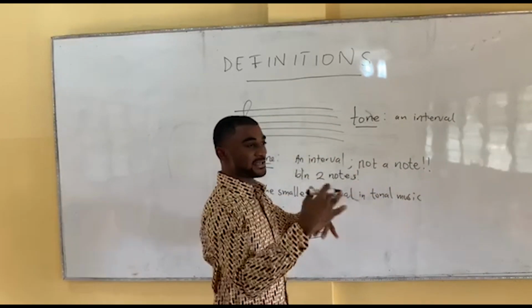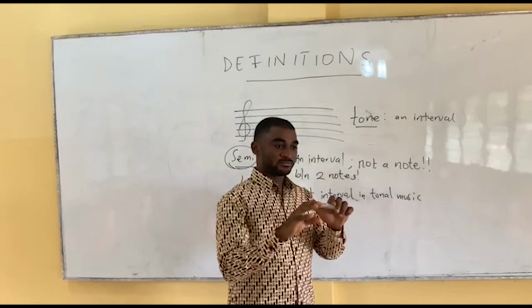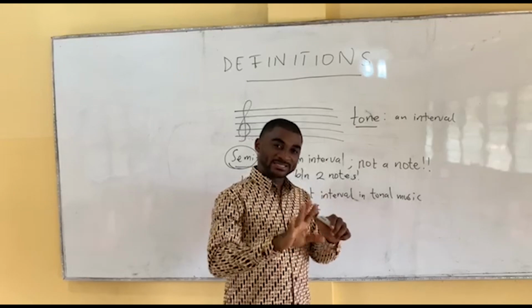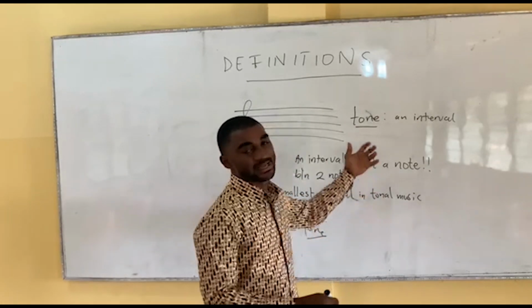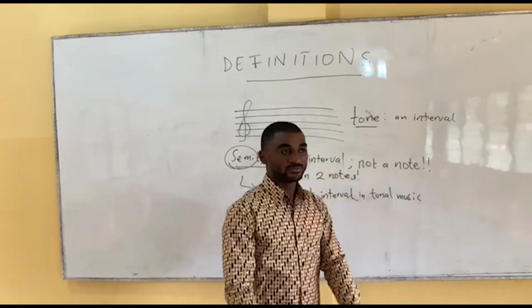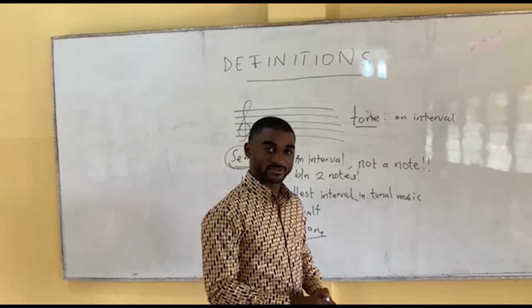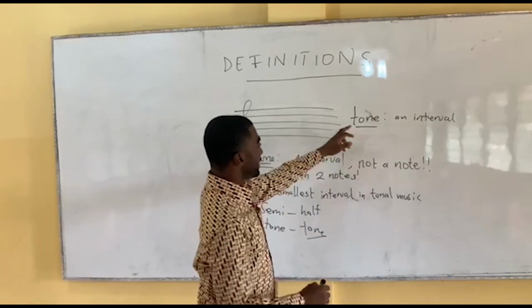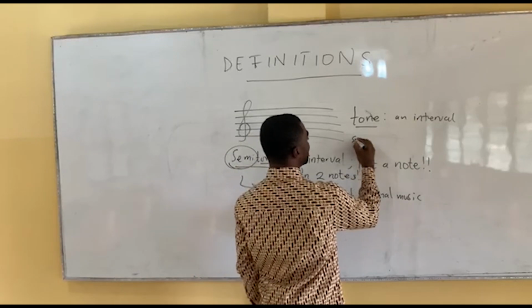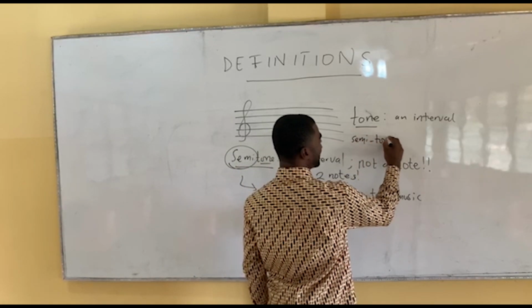So the word tone has several applied meanings, right? It can mean a sound, and it can mean a certain distance between pitches, right? So a tone as an interval, the semitone will be half of that.